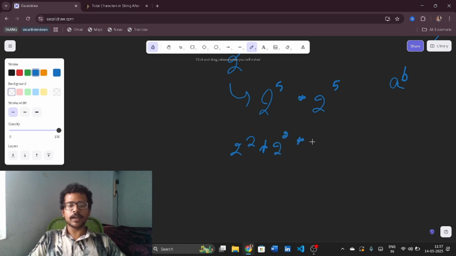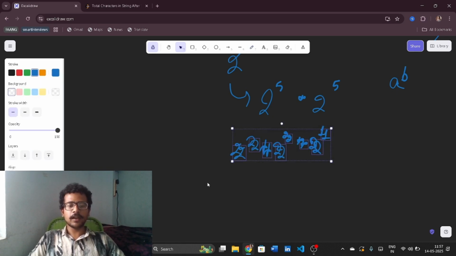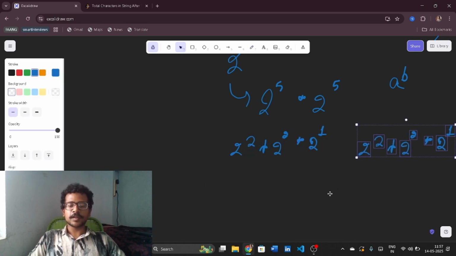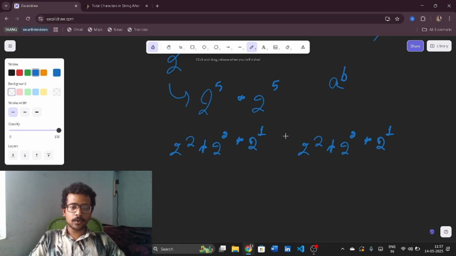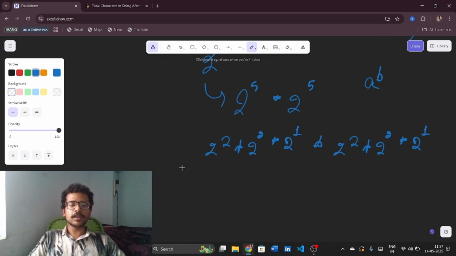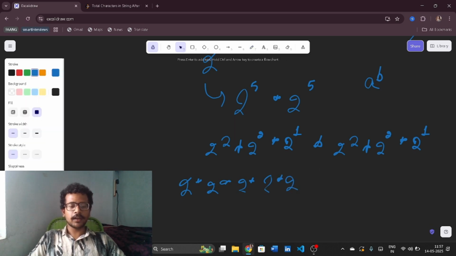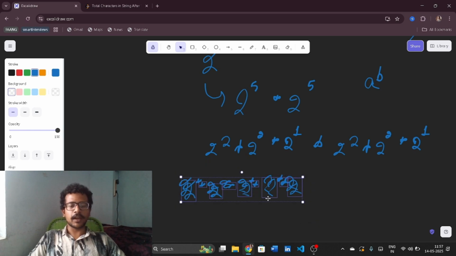Now, the same thing for 2 power 1. This is nothing but a recursion, and you can memoize this. And what is 2 power 2? It is 2 into 2, and the same thing again here.